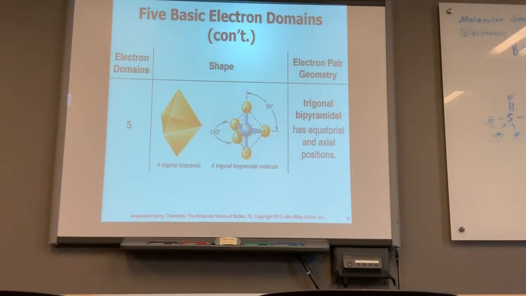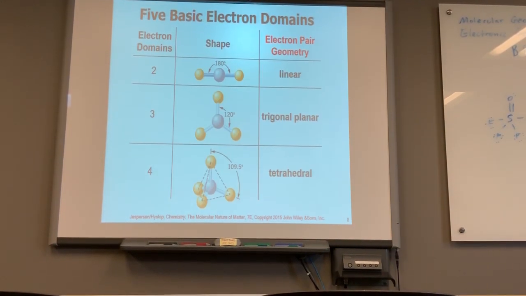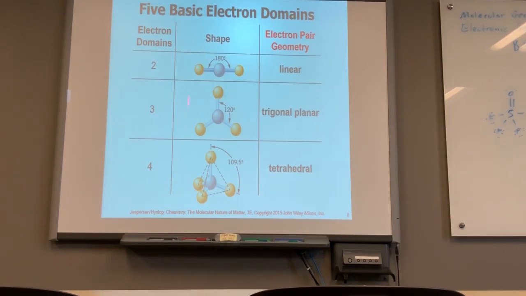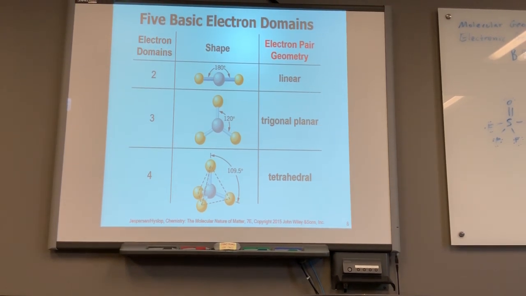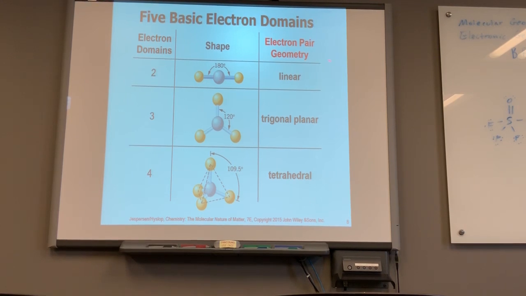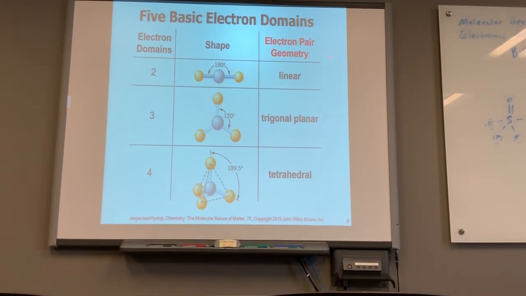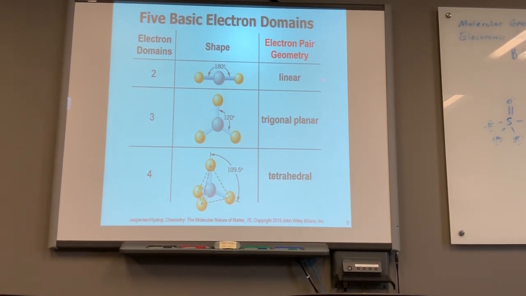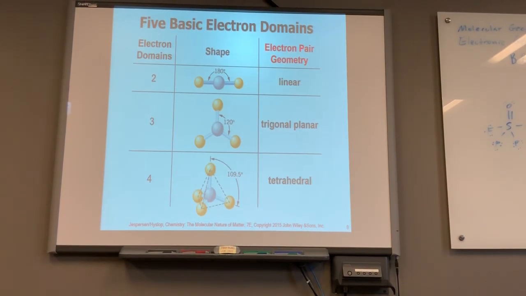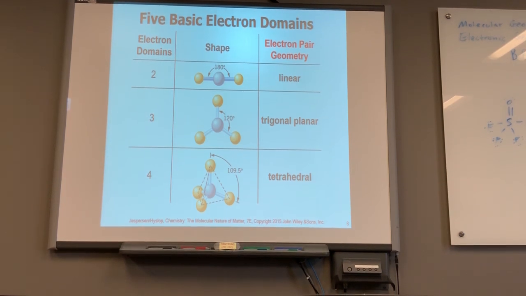So when we talk about just the electrons, all of these things are the overarching shapes. These are all describing electron geometry. Electron pair geometry is the foundation.